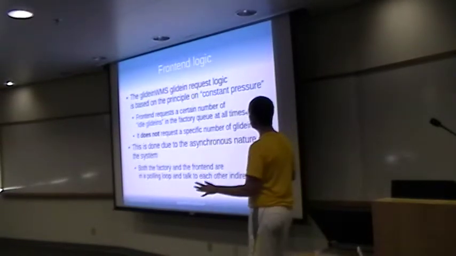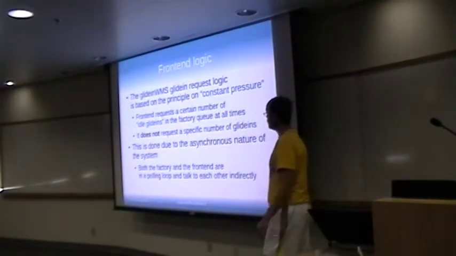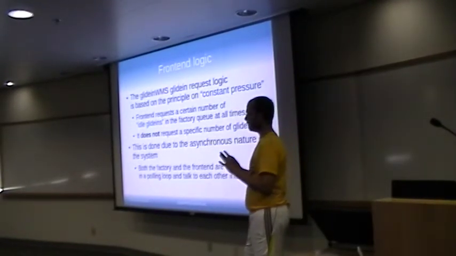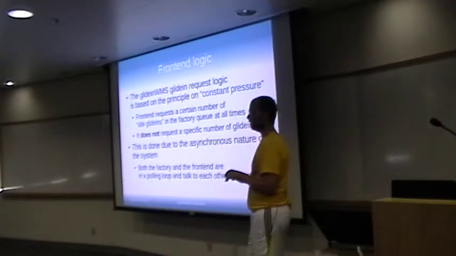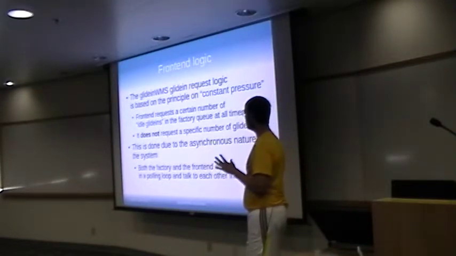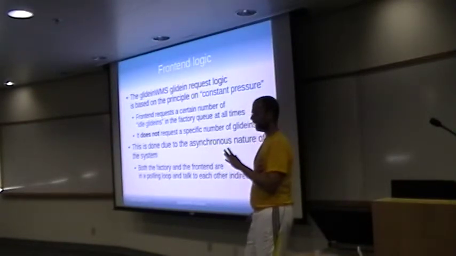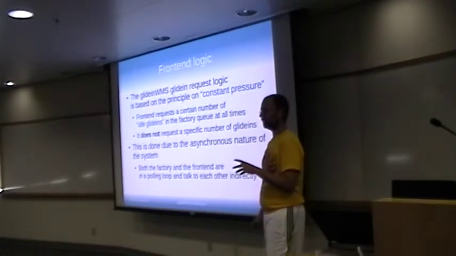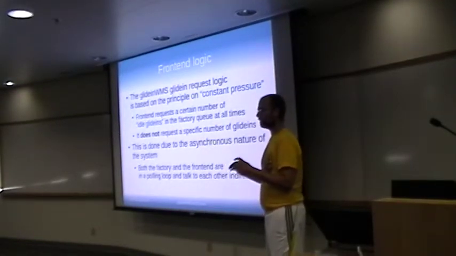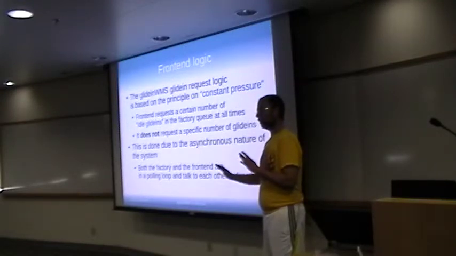So, a little bit about the front end logic. The glideinWMS glidein request logic is based on the principle of constant pressure, which means that the front end doesn't ask for 3 glideins or 10 glideins. It asks for a certain number of idle glideins to be pushed to the site continuously.